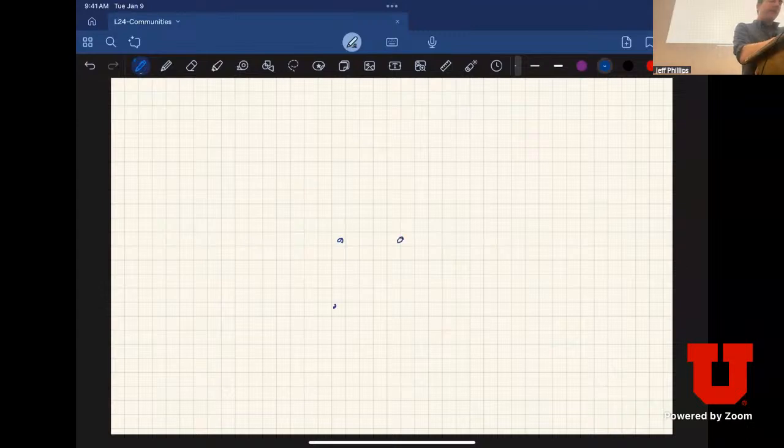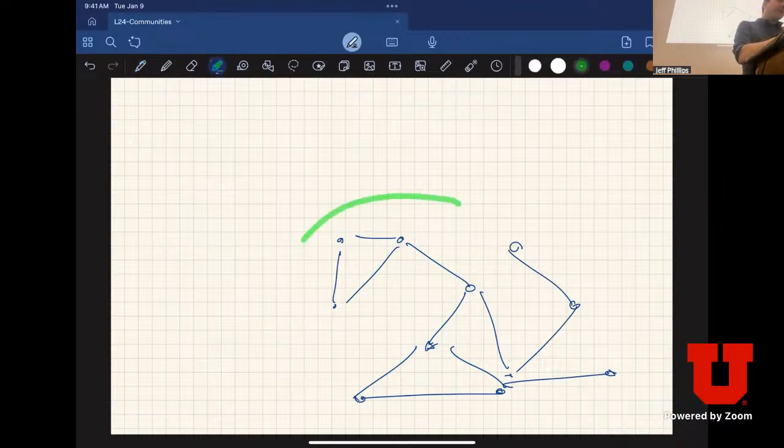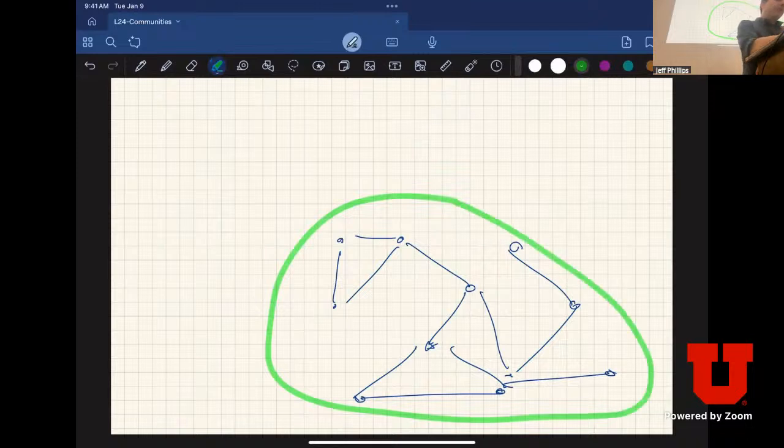Okay, so let's say we have a graph here. I'm going to say that these nodes are going to be in a community, and this is labeled ahead of time.